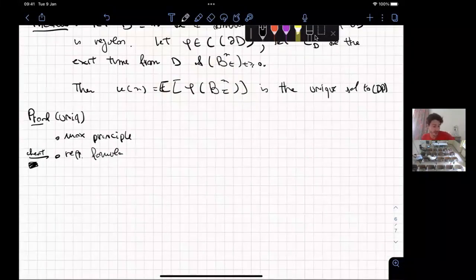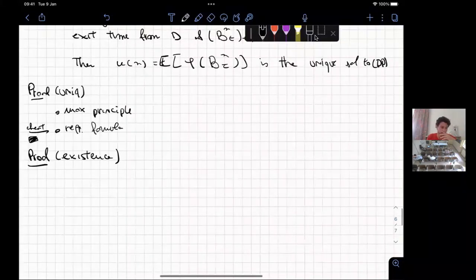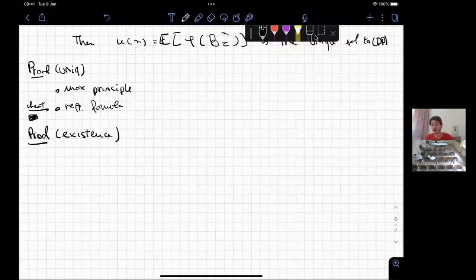Let's just go a little bit into the existence. And this is the cool part, and it's late, but let's try to do that. So let's prove existence. And I will focus only on the fact that u is harmonic, so I will avoid thinking about the boundary condition, which is actually the real technical part.